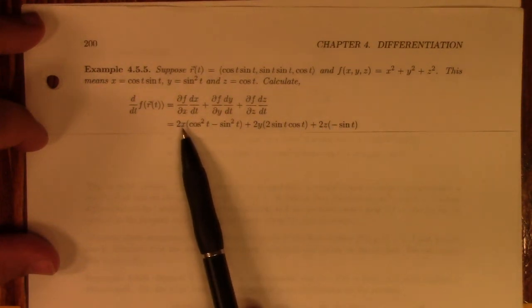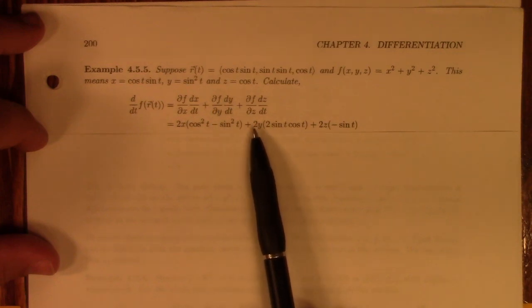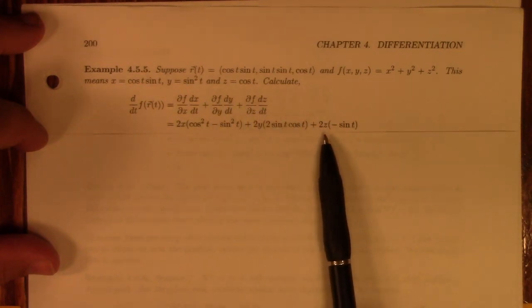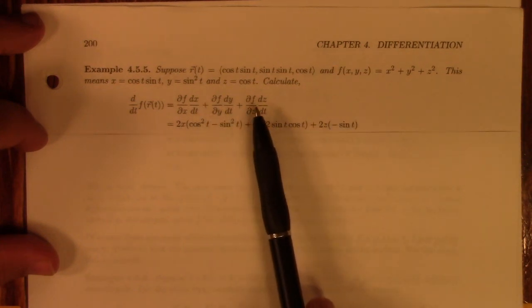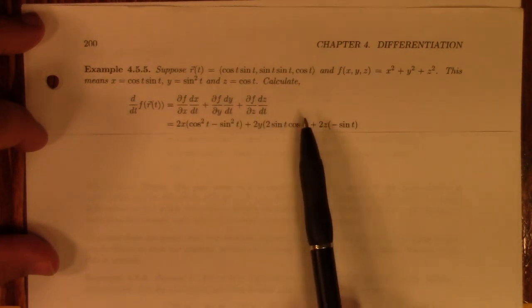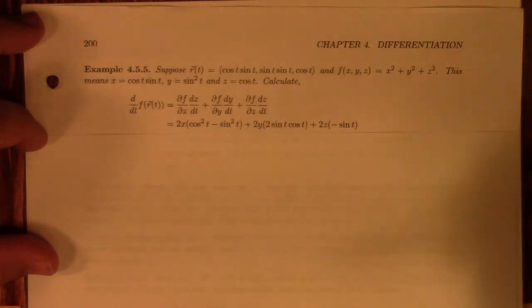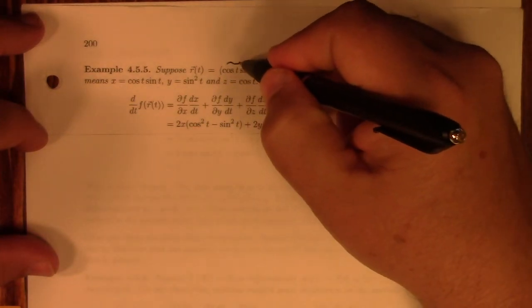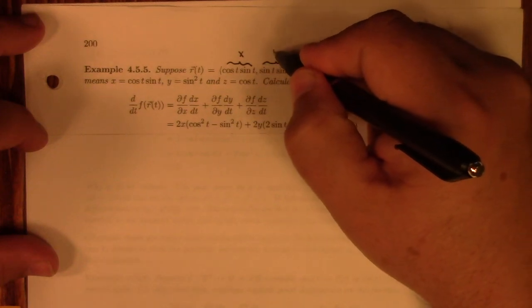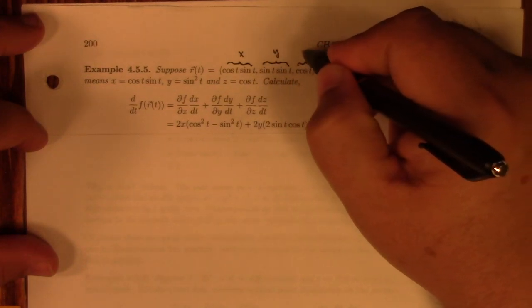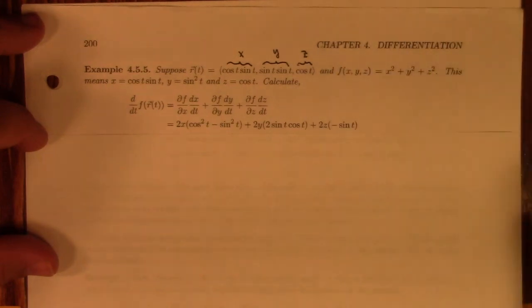Partial f partial x is 2x, partial f partial y is 2y, partial f partial z is 2z for this function, right? And then the dx dt, the dy dt, and the dz dt are based on, this is my x, this is y, and this guy right here is z.